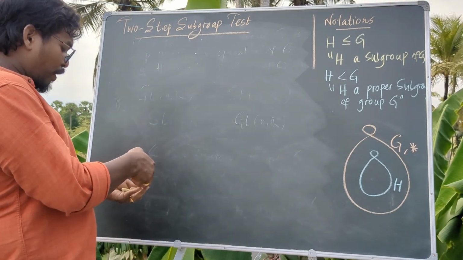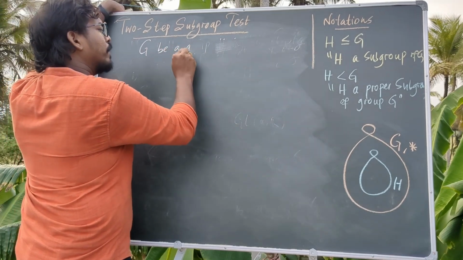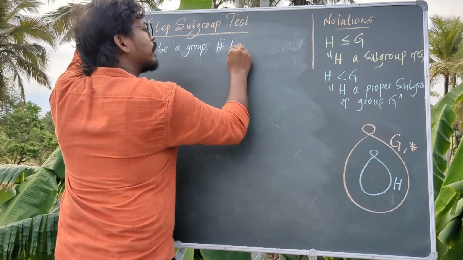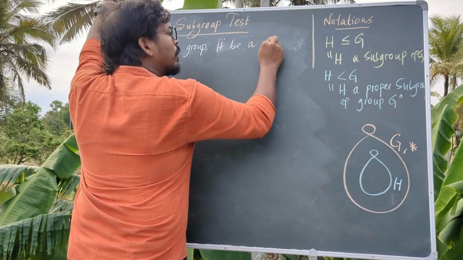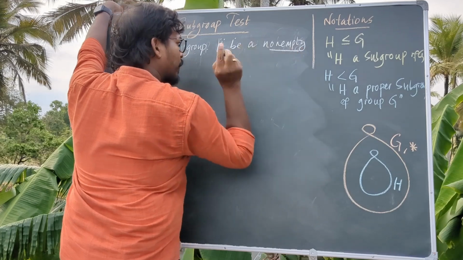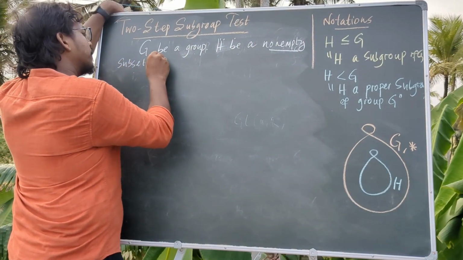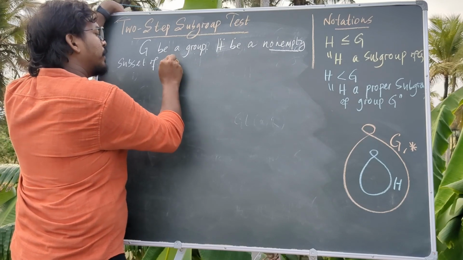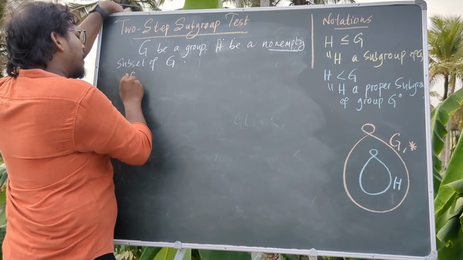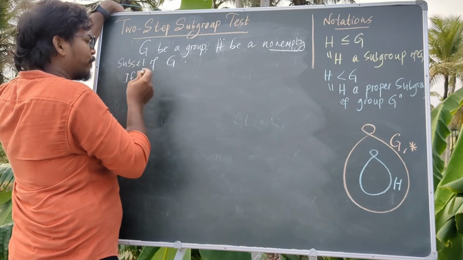The first one is the 2-step subgroup test. As the name says, we have 2 steps. So if G is a group, and H is a non-empty, it is important, non-empty subset of G, then there are 2 steps.